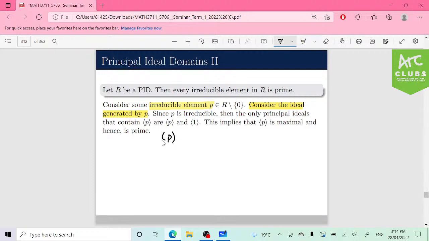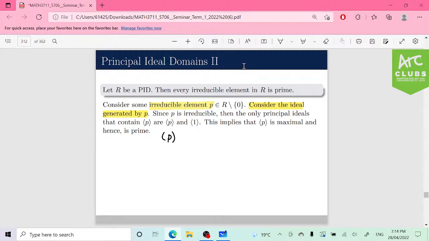So it's going to be the ideal generated by the single element P. But because we know that P is irreducible, then by definition, the only principal ideals that contain P are going to be the ideal itself and the entire ring.